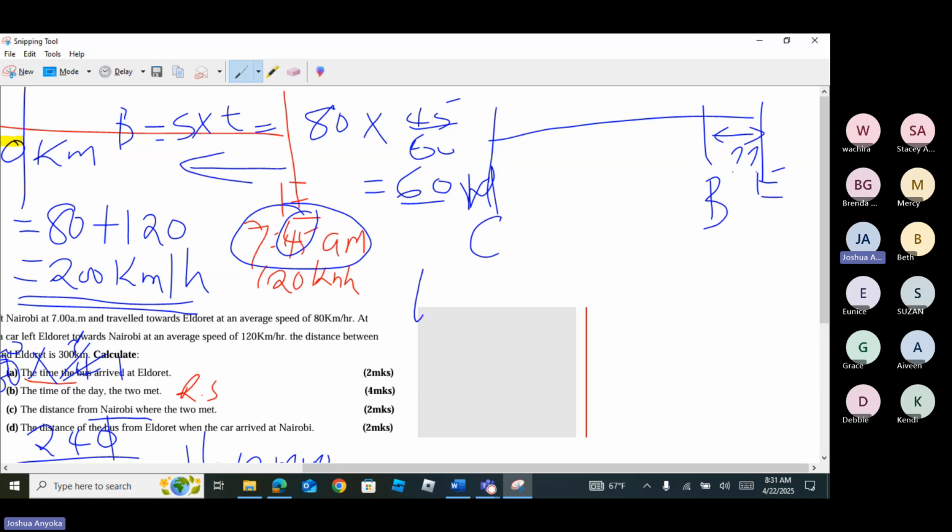So the time taken for the car to move from Eldoret to Nairobi is 300 divided by 120.